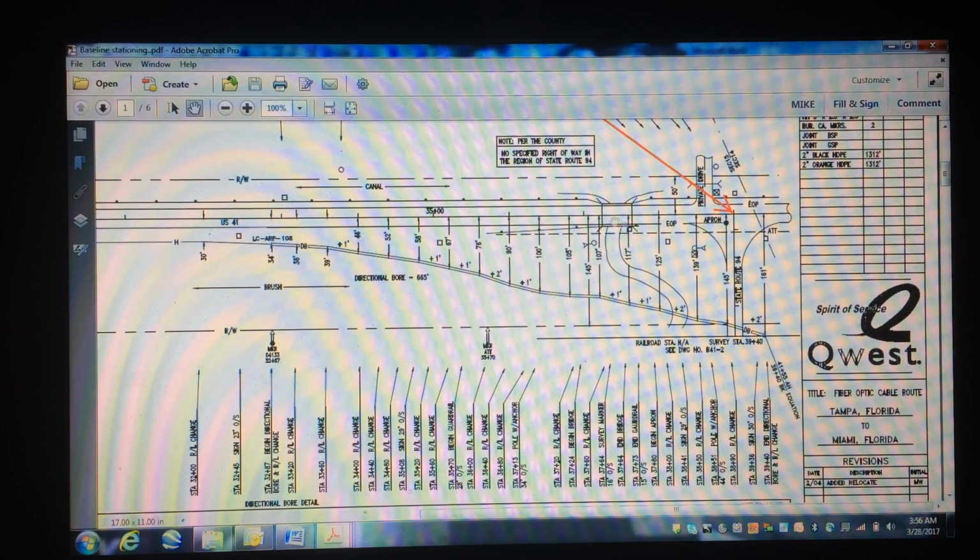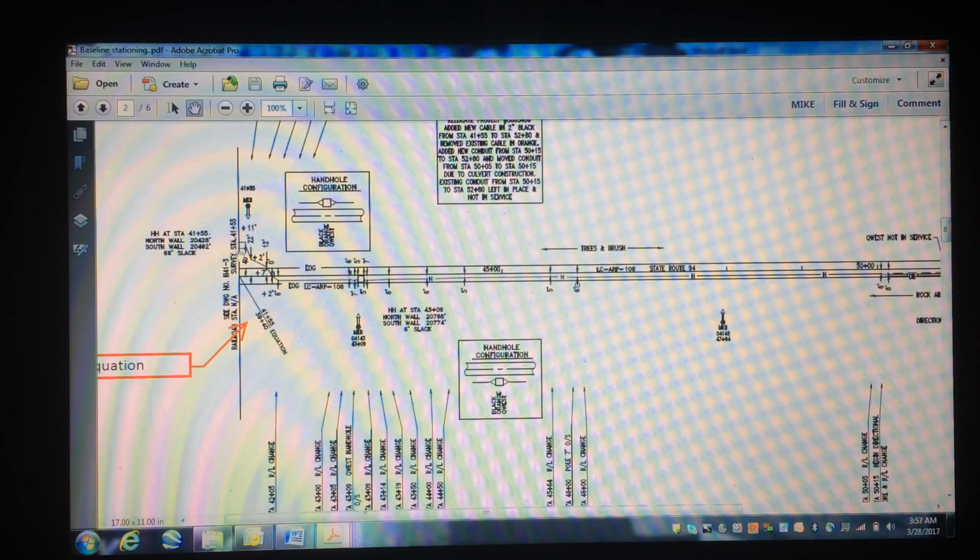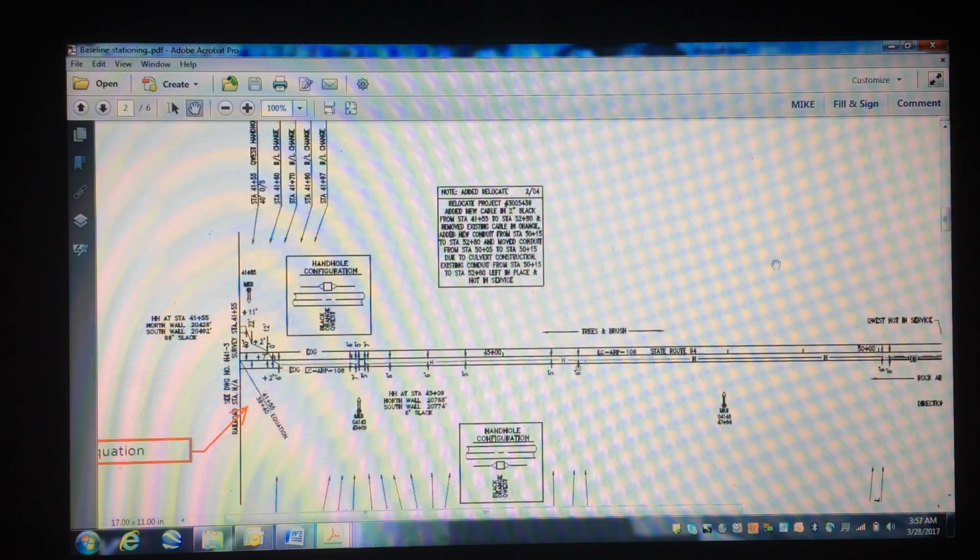So when they did this, we turned down this road and they bored all across this road, and then if you look at the next print, they set a hand hole and came back over and pretty much went down in the road, which is what they did.